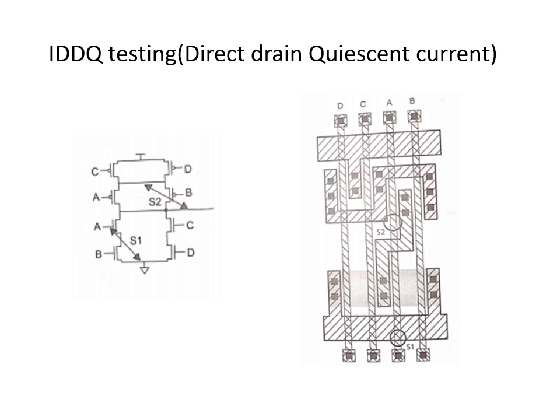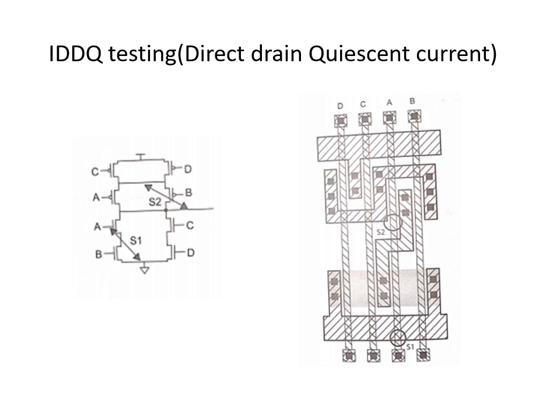It works on the principle that complementary MOS, that is CMOS, does not draw any current from the power supply when its inputs are static, that is when it is not switching. But in reality, a small leakage current, which typically is of a smaller magnitude than the switching current, exists. So here in the circuit, you can find there is a bridging fault.